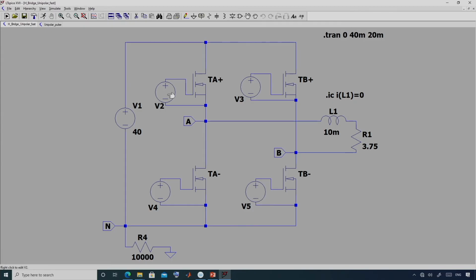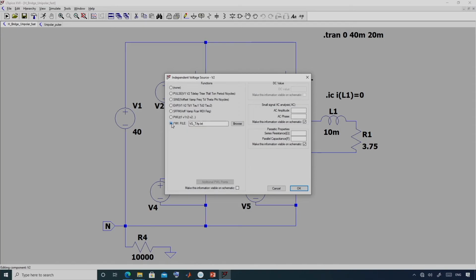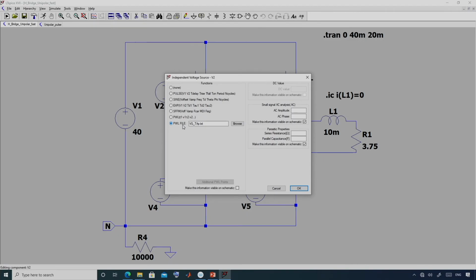So here you will see that I have used this PWL file where these pulses are directly given. These pulses are recorded, their values, and then they are directly given using this file.